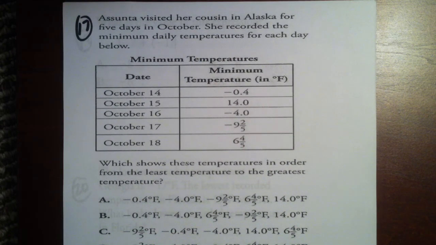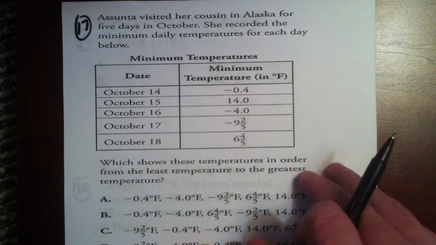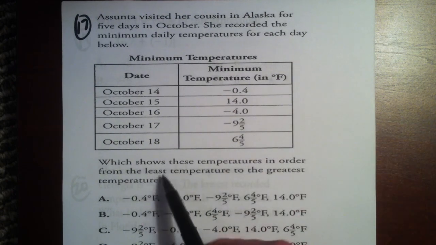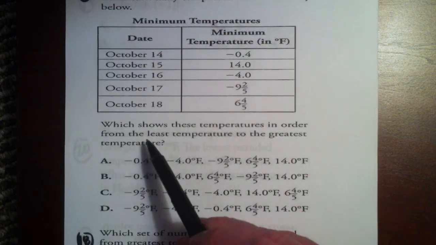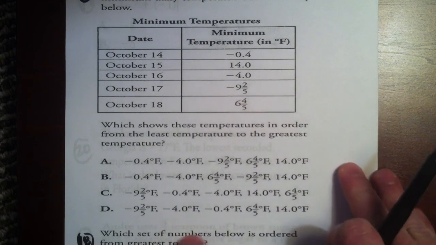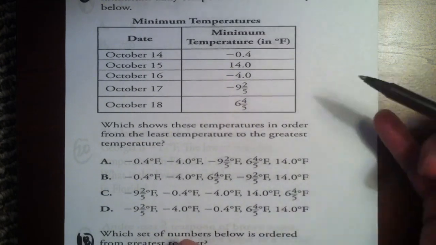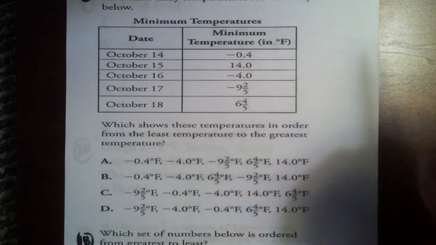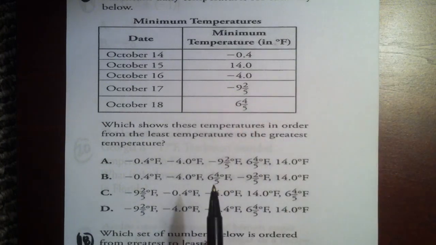Visited a cousin in Alaska for 5 days in October. She recorded the minimum daily temperatures for each day, which shows these temperatures in order from the least temperature to the greatest temperature. Okay. Now, when we're dealing with a negative, the greater the number looks, the smaller it is actually. The further this is from zero.